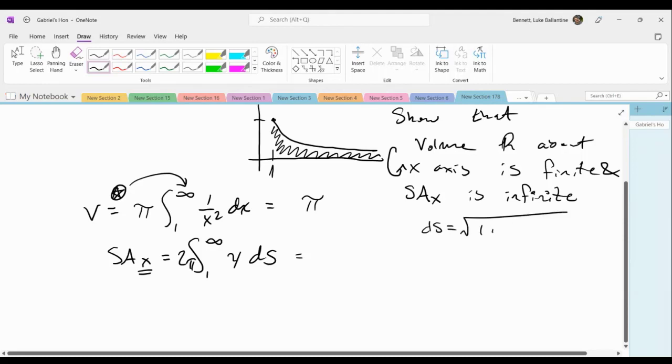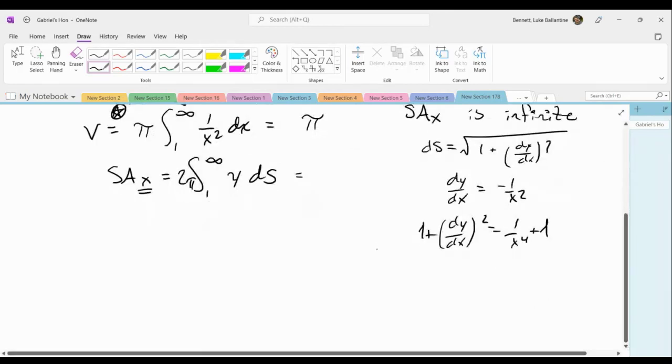ds is the square root of 1 plus dy/dx squared. So dy/dx is negative 1 over x squared, and dy/dx squared is 1 over x to the 4th. Then we add 1 to this and take the square root.